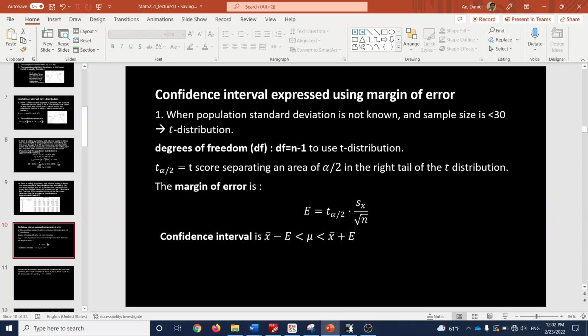And sometimes you're interested in this quantity because you might want to reduce that margin of error. If the margin of error is too big, you might think, oh, that's no good. We have to increase the sample size, because the more samples you have, the more the margin of error will decrease, because there's more certainty, right?